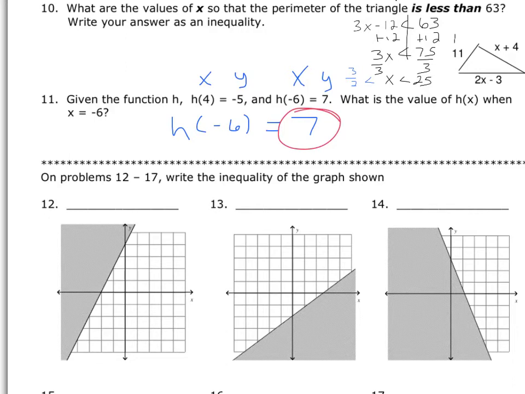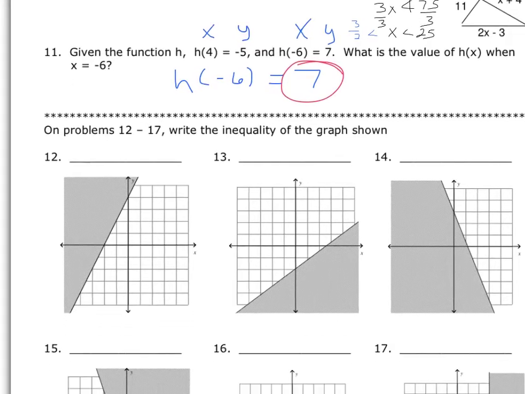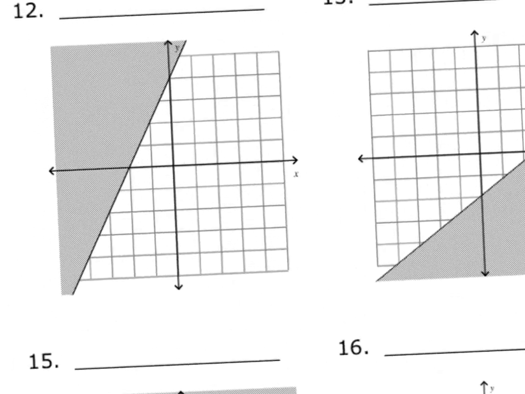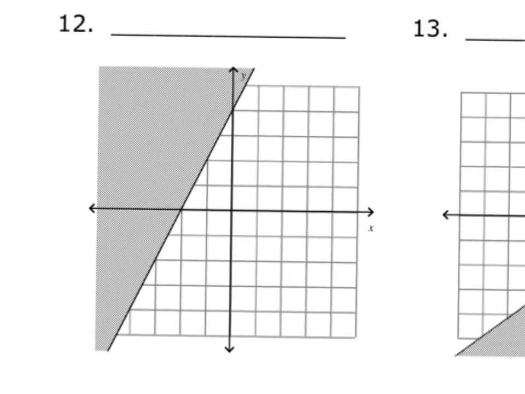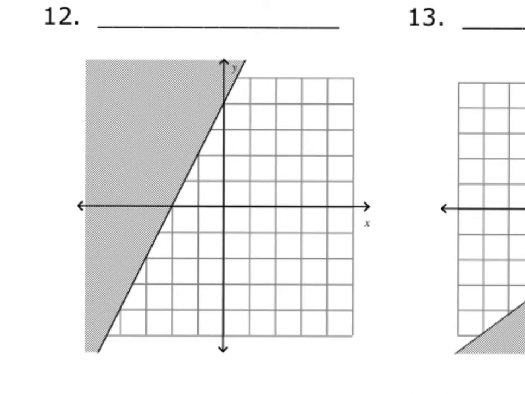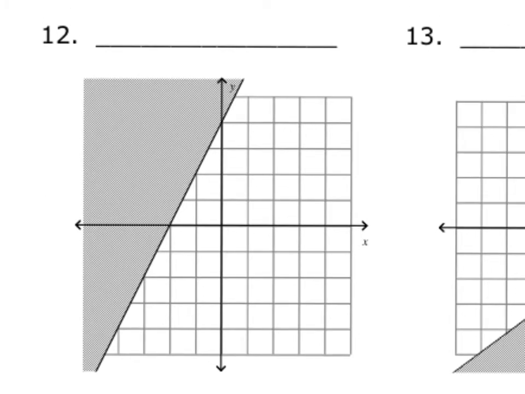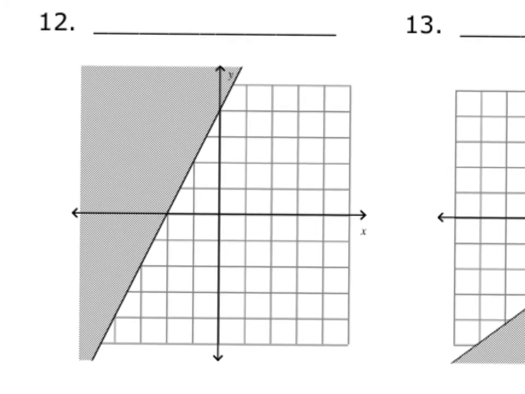All right, 12. On problems 12 through 17, write the inequality of the graph shown. Okay, I'm going to blow this up. What we're looking at is a graph of an inequality. When I start to write my inequalities, the first thing I look at is the shaded area, and I determine that the shaded area is above the line, so it is greater.